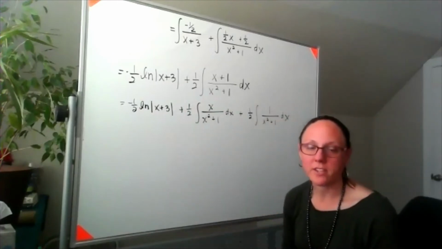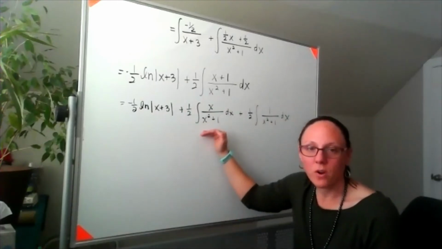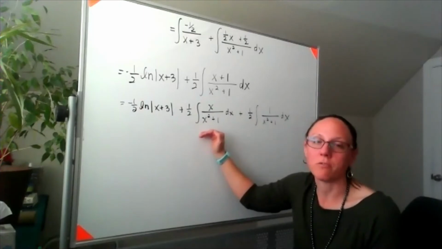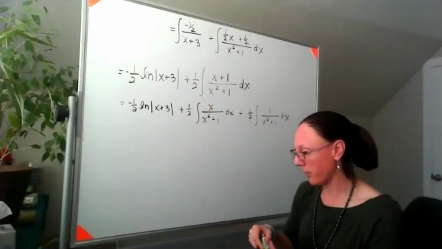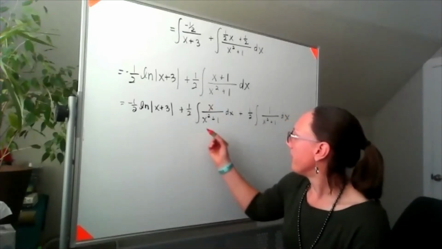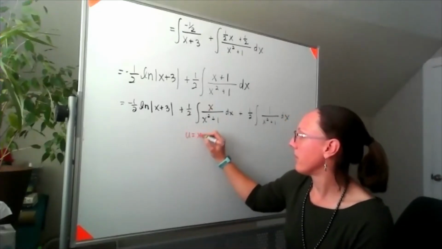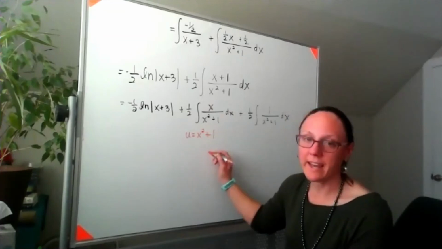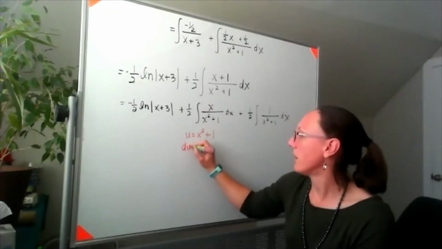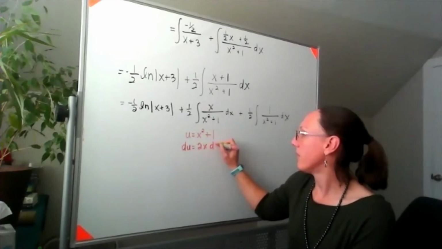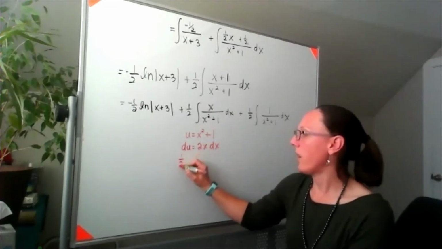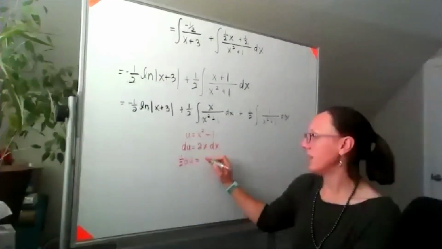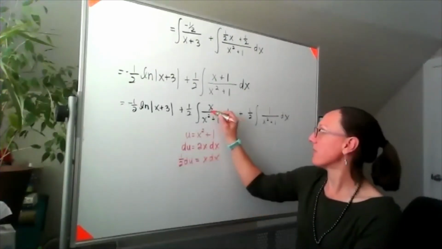Once we break it apart into two pieces, this one we will have a u substitution for, because the derivative of the bottom is almost what we have on top. If u is x squared plus 1, du is 2x dx, or 1/2 du is equal to x dx.